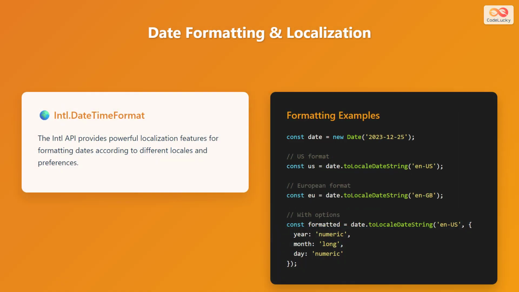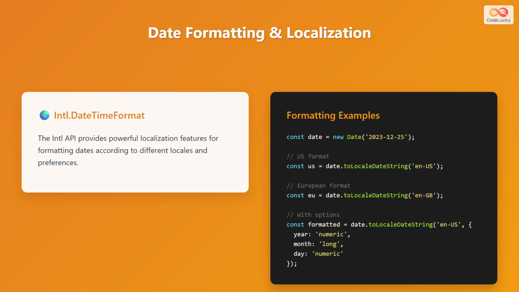The Intl.DateTimeFormat API provides powerful localization features for formatting dates according to different locales and preferences. Here's how you can use it. First, create a new Date object. To format the date according to the US locale, use date.toLocaleDateString('en-US').